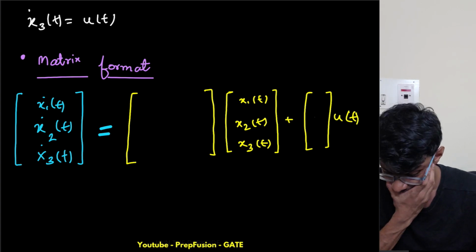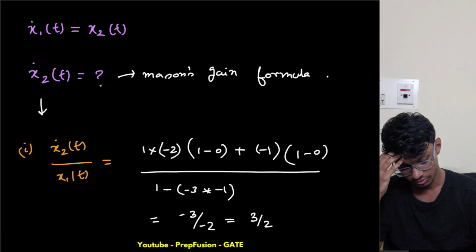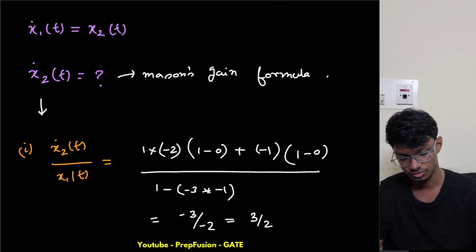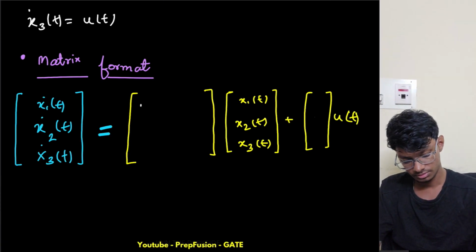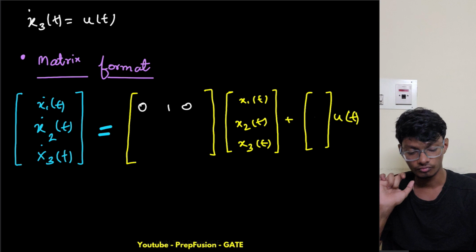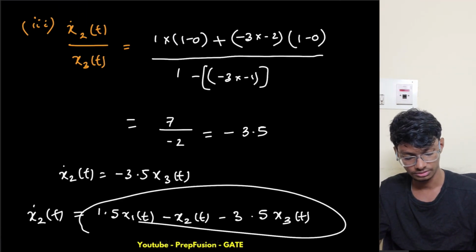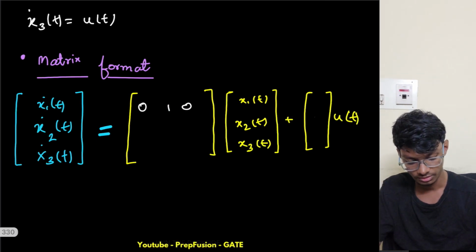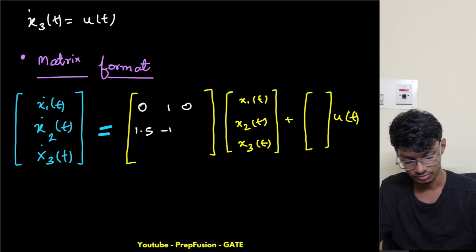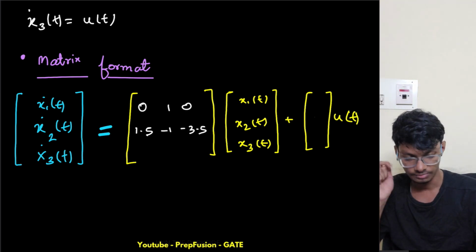So what will this be? x1 dot of t is equal to x2 of t only, so this row will be 0 1 0. Now x2 dot of t, that we just solved, so this is 1.5, minus 1 and minus 3.5. So this is simply my x2 dot of t.